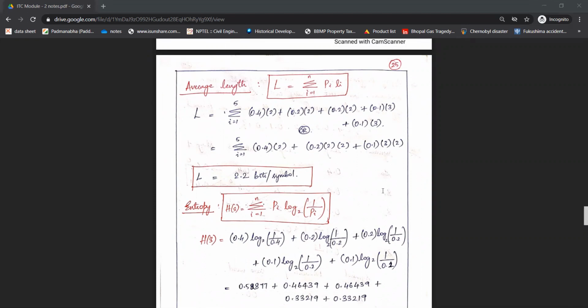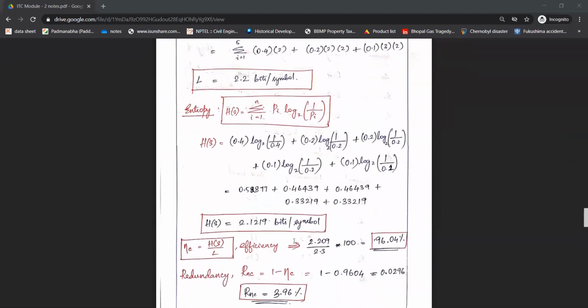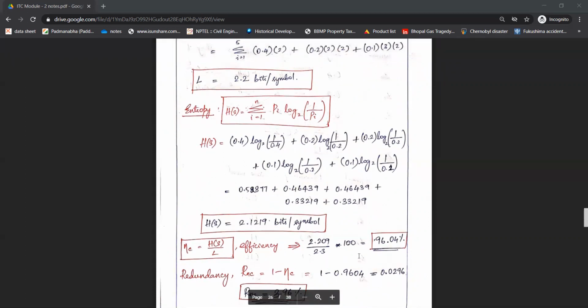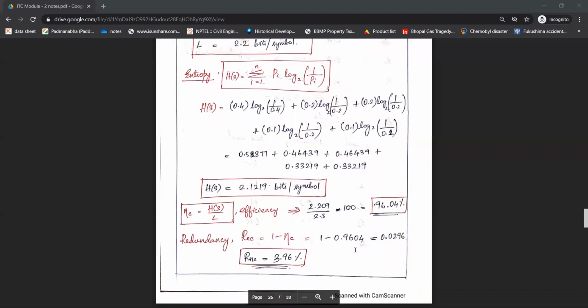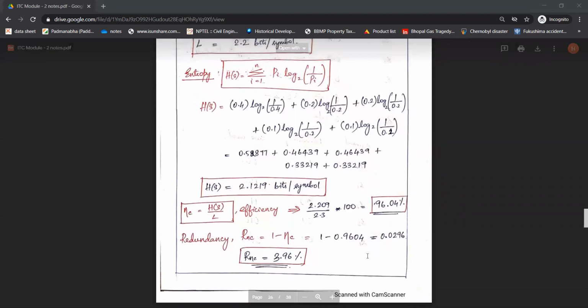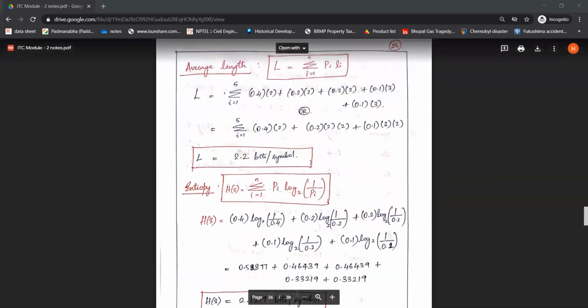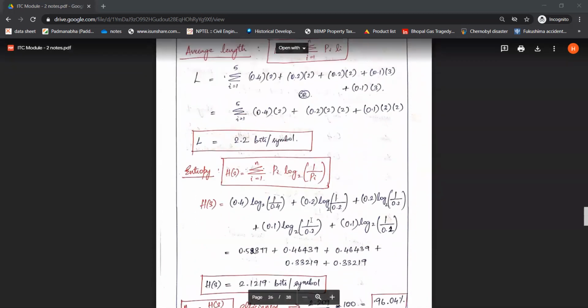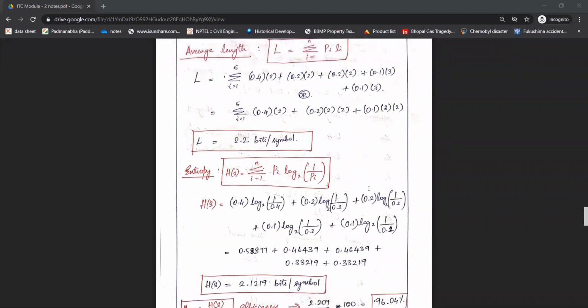The same way, we are supposed to calculate average length and entropy, and from those two values, we'll be calculating the efficiency, which is given by the entropy by the average length, and we are supposed to multiply it by 100, since we'll be measuring the efficiency in terms of percentage, and redundancy is 1 minus the efficiency into 100%. So this is how we calculate the average length, entropy, redundancy and efficiency. The determining of these values will remain the same. If in case you have any doubts, please refer my previous video.